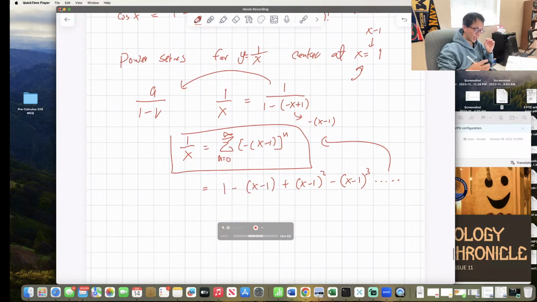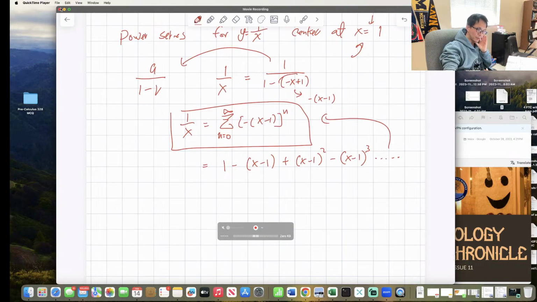Also, you have to worry about the interval of convergence. Usually we do a ratio test, but here it's in geometric form, so I just need to figure out my radius. So the absolute value of x minus 1 is less than 1. That means x minus 1 is less than 1 and greater than negative 1.